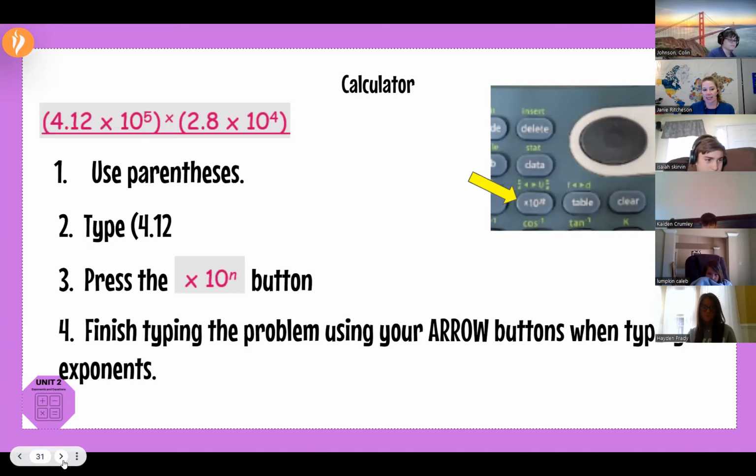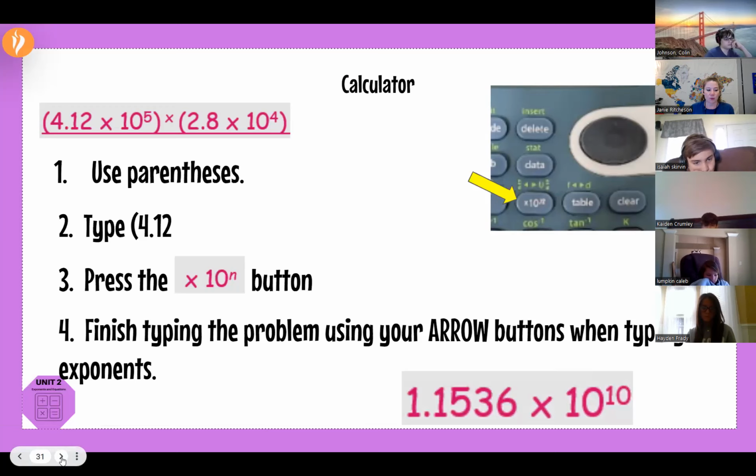And now we're going to do the next number, parentheses 2.8. Hit our times 10 to the n power button. Type 4. Right arrow to get out of the exponent, and then hit the parentheses again and hit enter. And it tells you the answer in scientific notation is 1.1536 times 10 to the 10th.